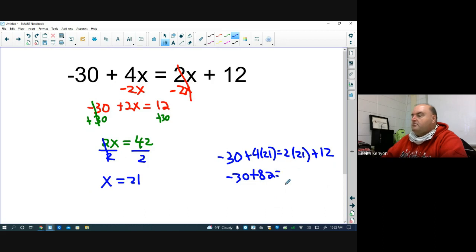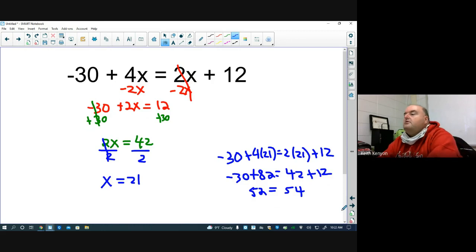And 2 times 21 is 42, plus 12. Negative 30 plus 82 is 52. And here I've got 42 plus 12 gives me 54, so I have a problem somewhere.